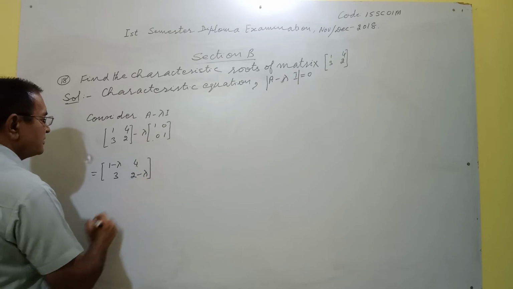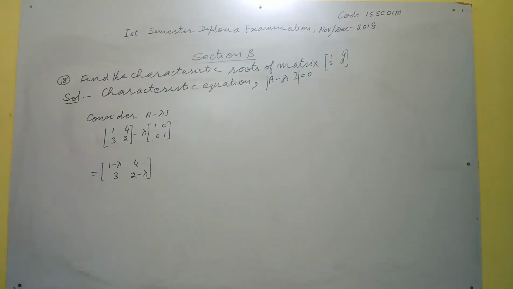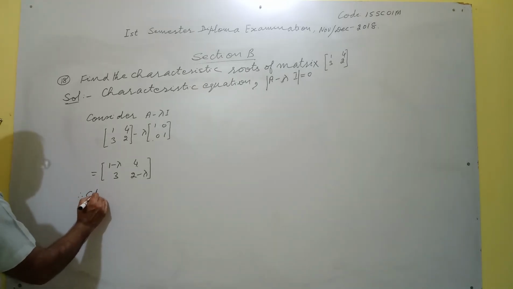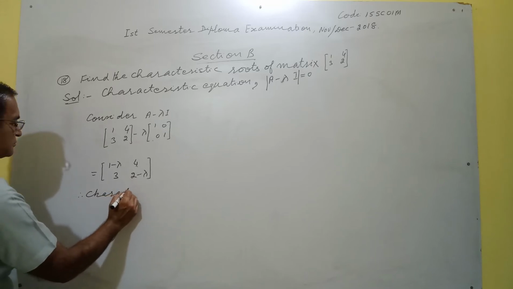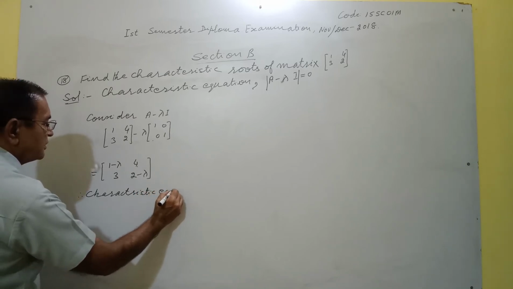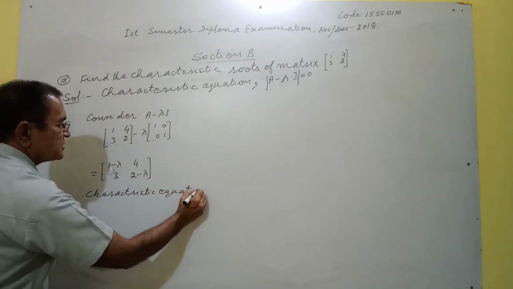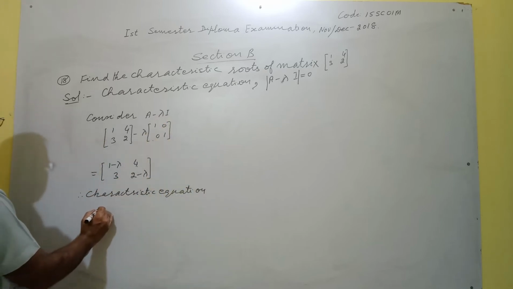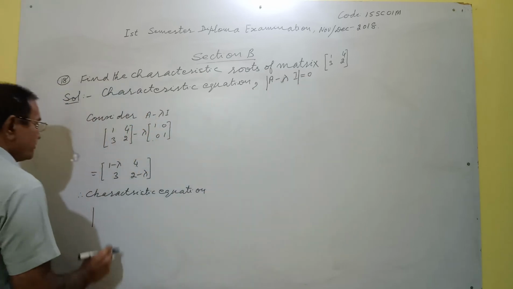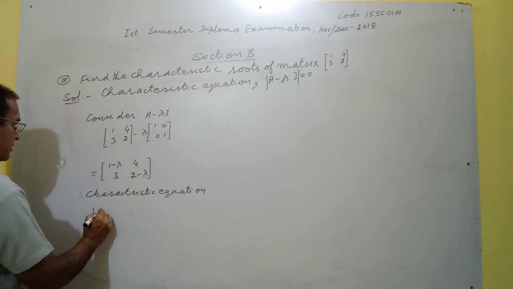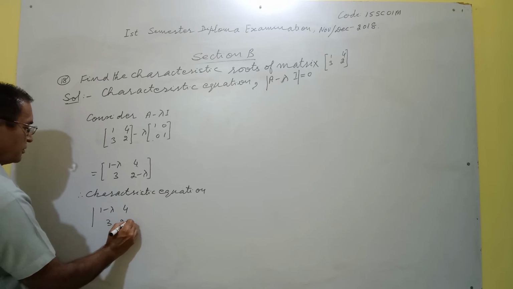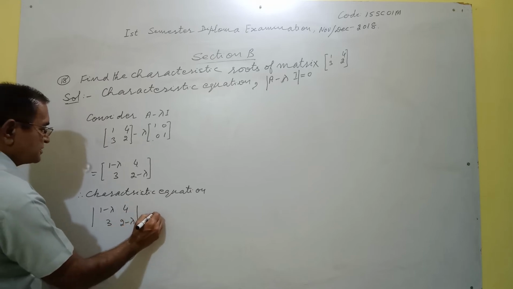So this is what we will get. Therefore, characteristic equation is determinant of A minus lambda I equals 0, that is determinant of 1 minus lambda, 3, 4, 2 minus lambda equals 0.